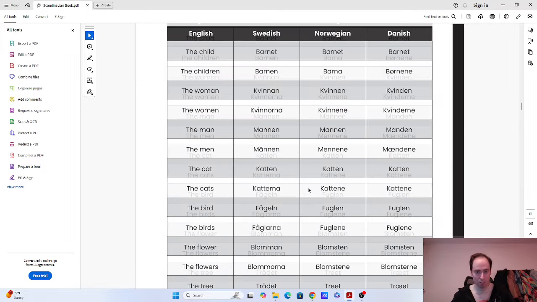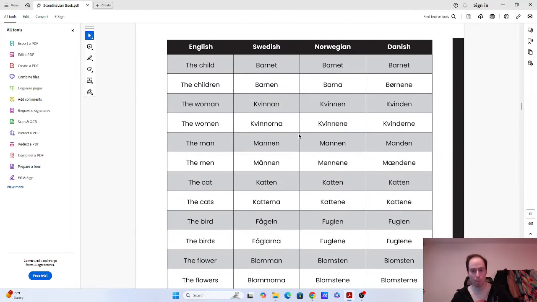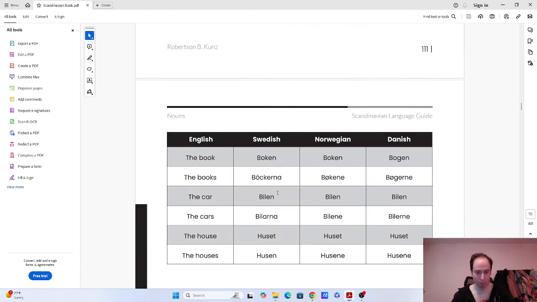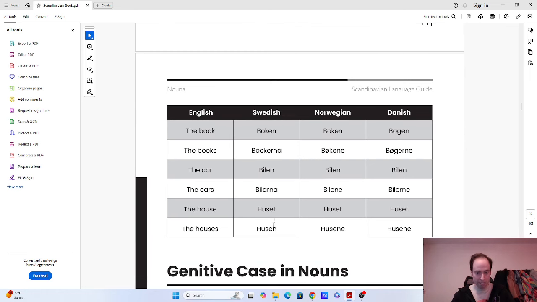Then when we go back to Swedish, it kind of has its own pattern. We have the arna, the erna, for the common nouns, which are the nouns that end in en. But then when we have the neuter nouns that end in et, it goes to en. So you can see huset, husen.